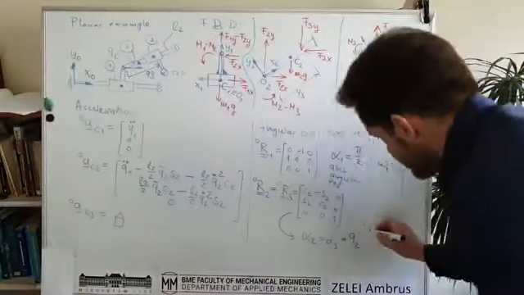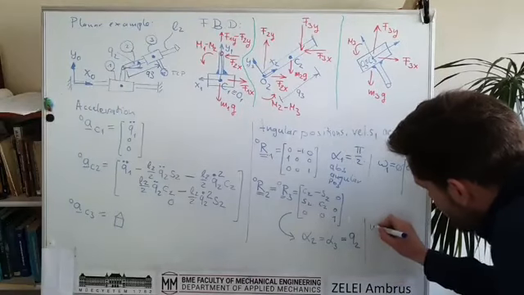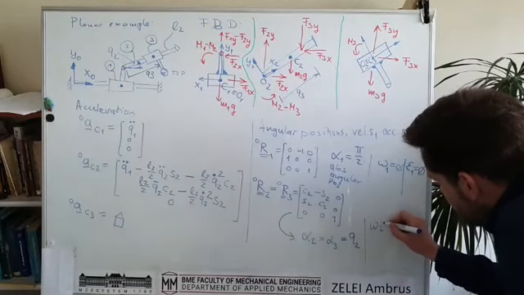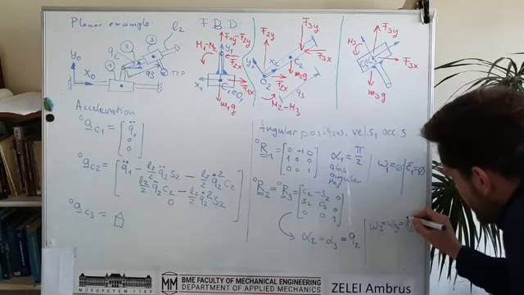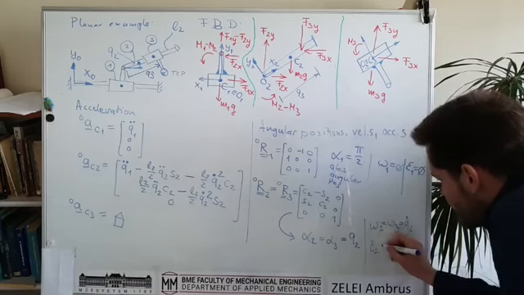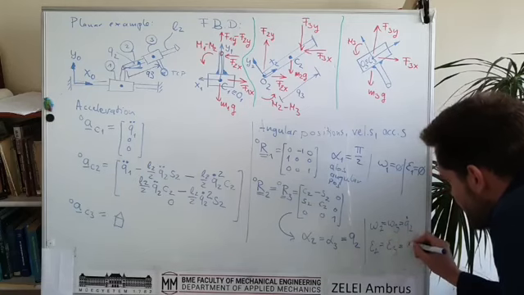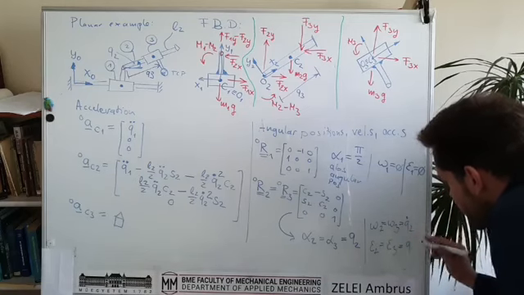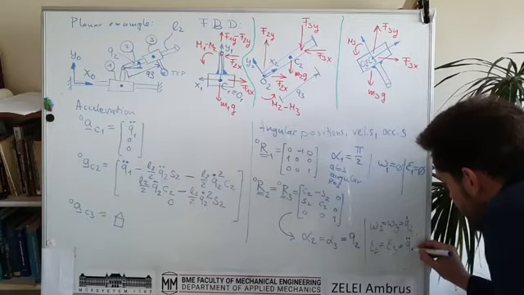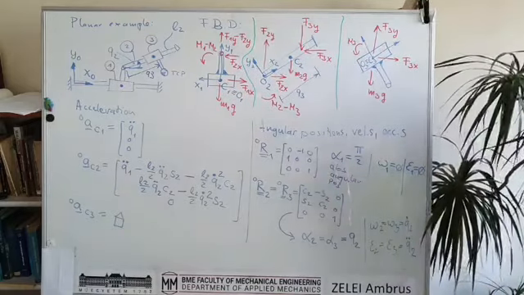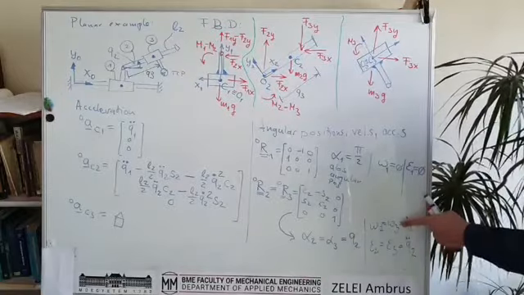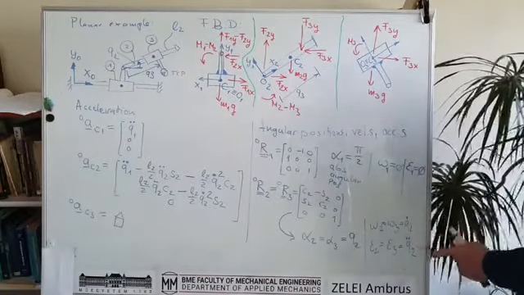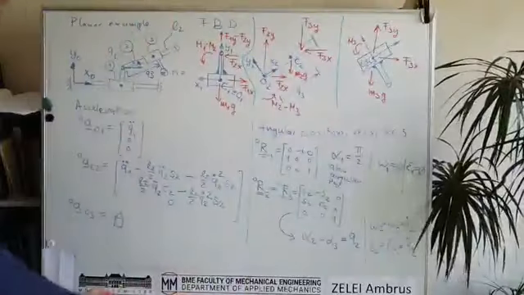And therefore, you can see that omega 2, which is equal to omega 3, is Q2 dot, and epsilon 2, which is equal to epsilon 3, is Q2 double dot. Okay, so we are just taking the first and second time derivative, and we can obtain the angular velocity and angular acceleration.